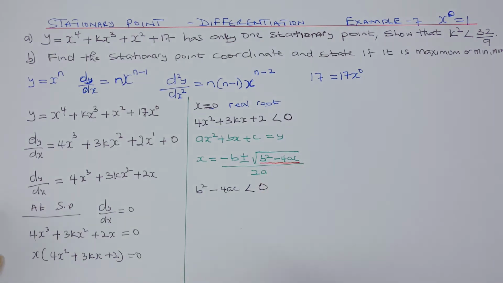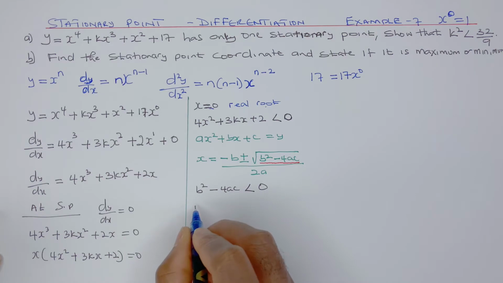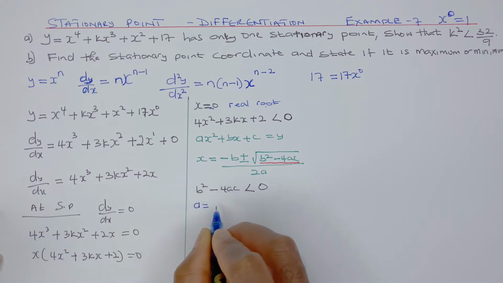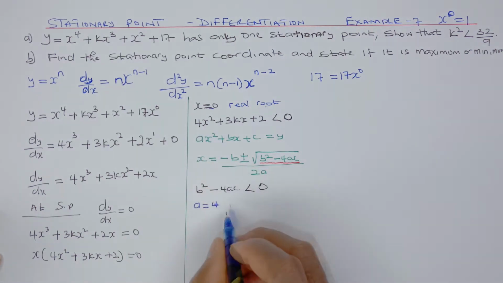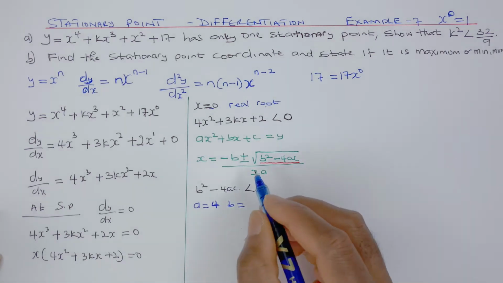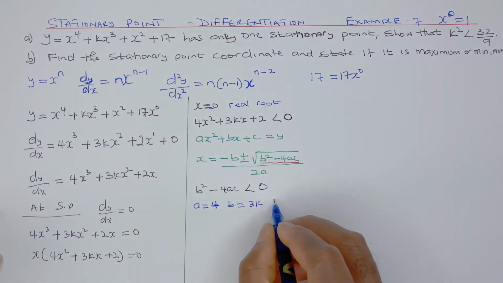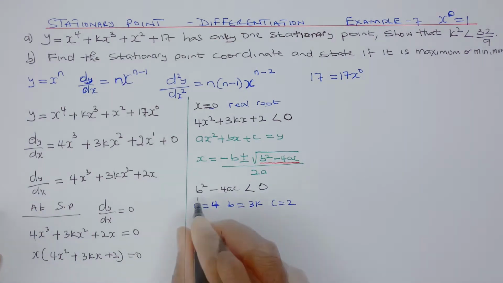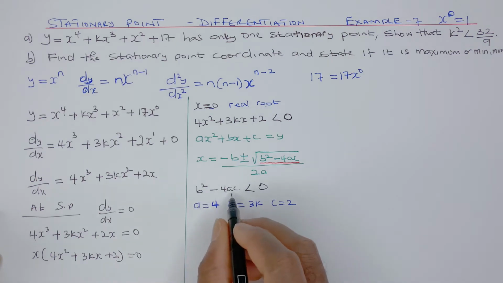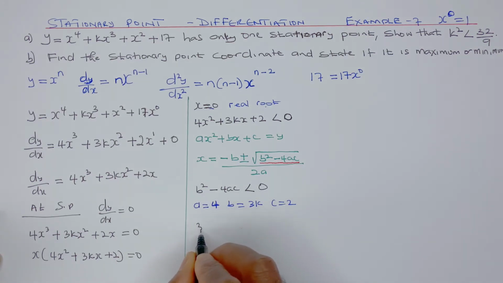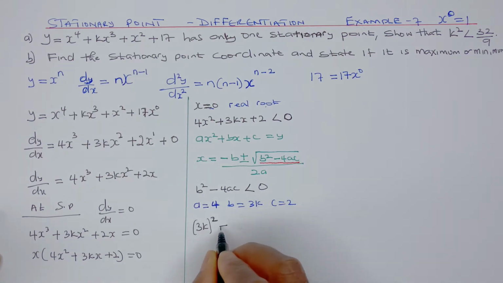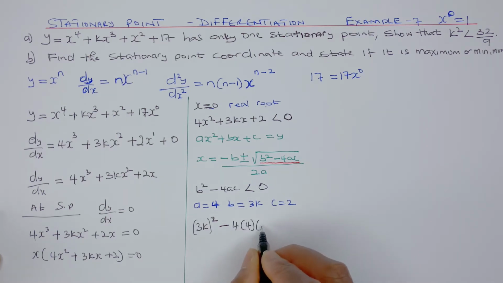In this case, we know that a equals 4, b equals 3k, and c equals 2. Therefore, applying those values in here, we get (3k) squared minus 4 times 4 times 2 is less than 0.